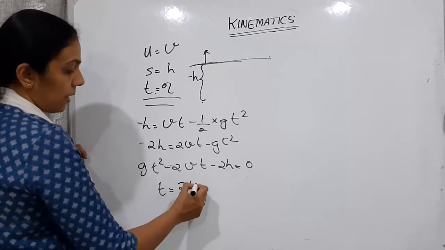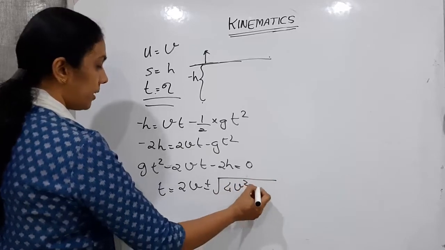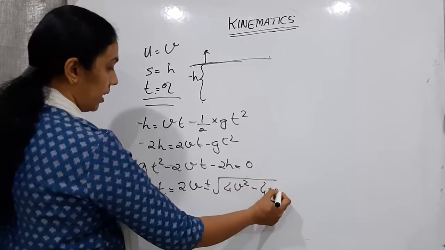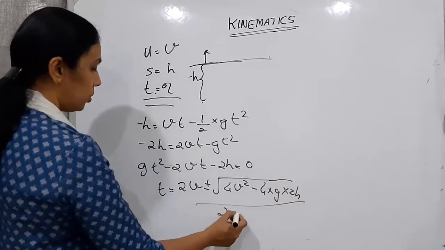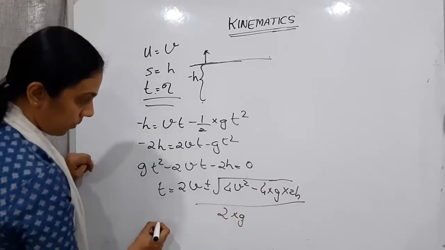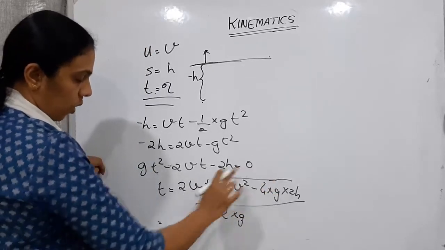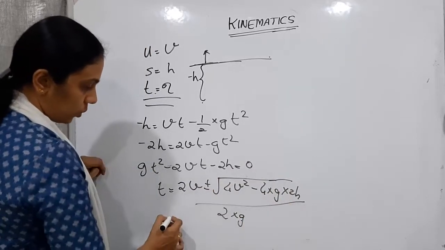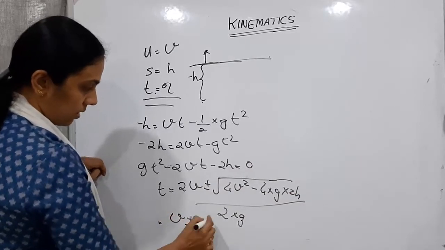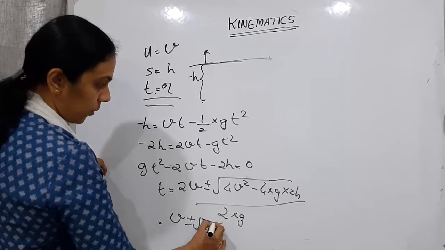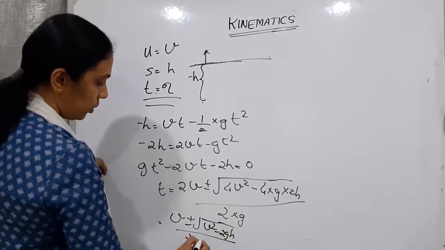Minus b plus or minus root of b square minus 4ac, divided by 2a. So when we are calculating this one, 2 is common everywhere. Here also we can take 2 outside. So v plus or minus root of v square minus 2gh divided by g.